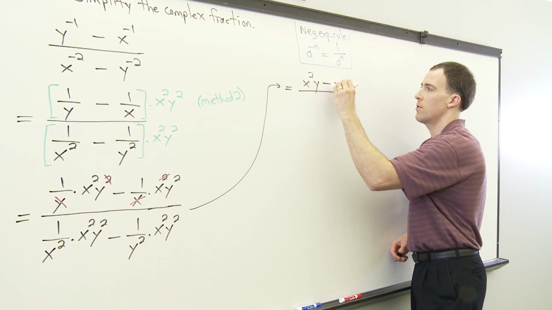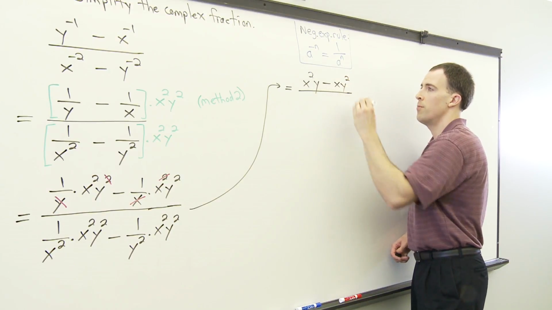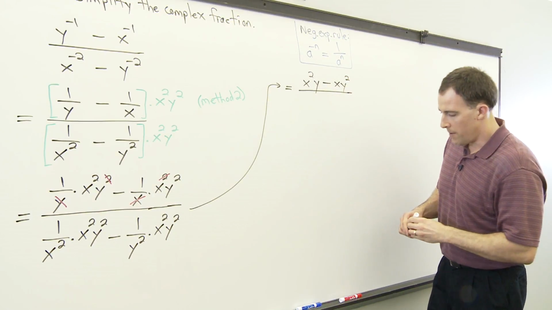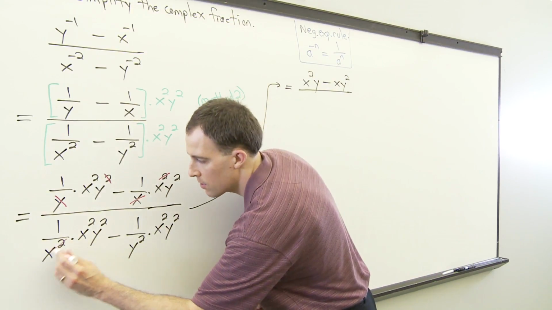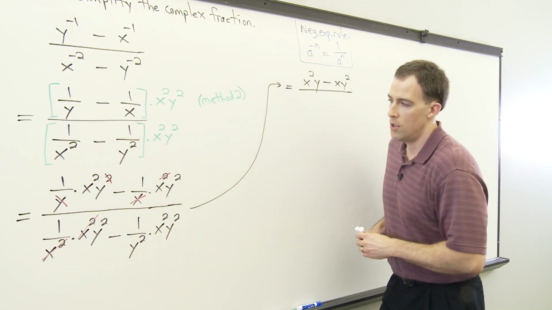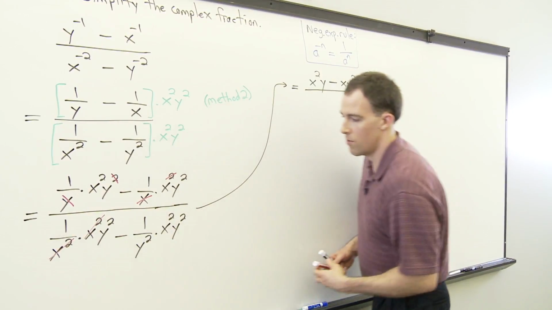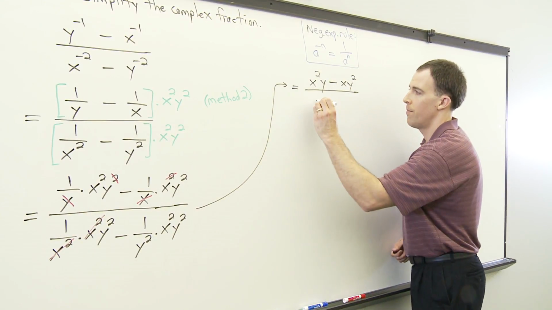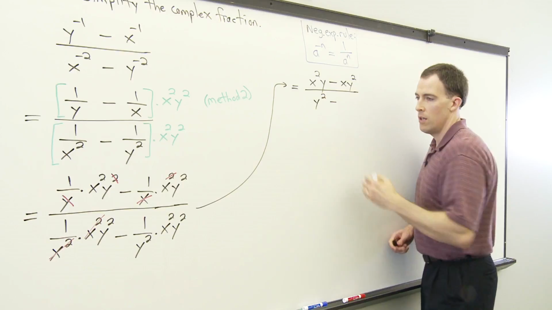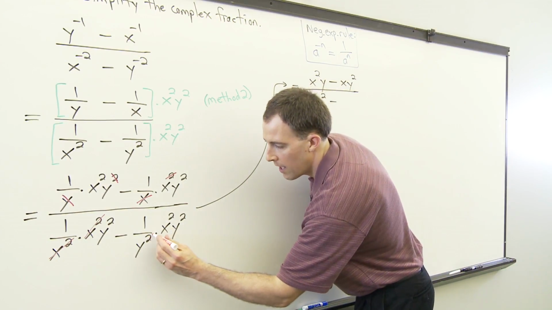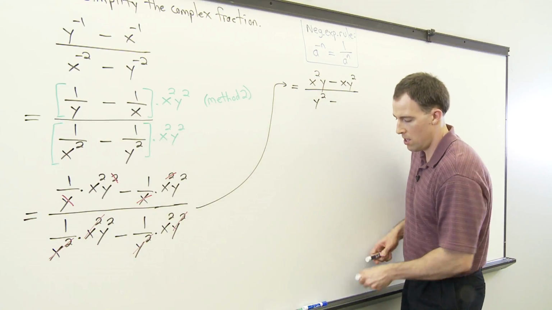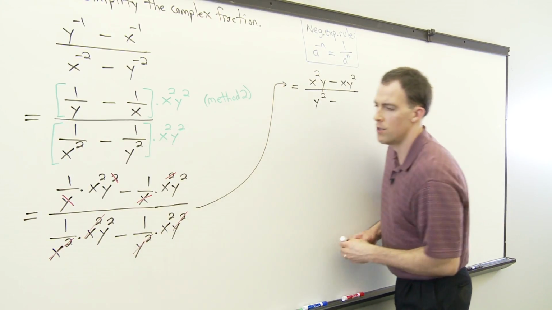So minus xy squared. There's the numerator simplified. The denominator can be done similarly. So in the denominator here, we can cancel out the x squared with the x squared, and it's just y squared times 1, which is y squared. And then for the second term in the denominator, same principle applies here. We can cancel out the y squareds, and it becomes x squared times 1, which is just x squared.